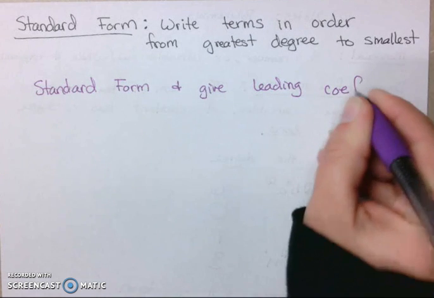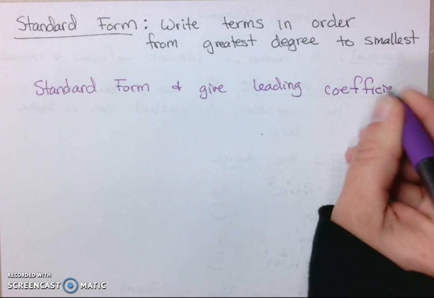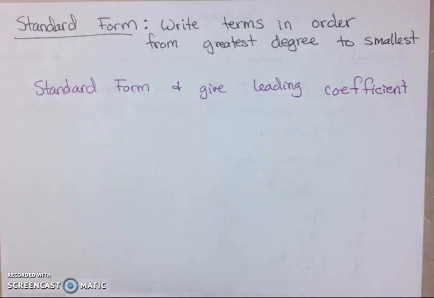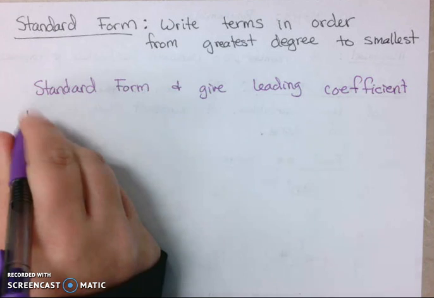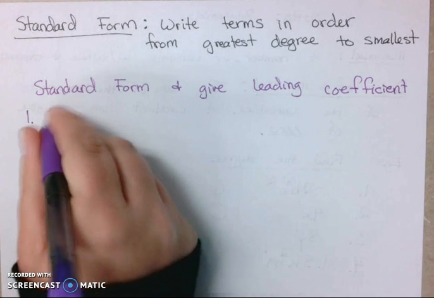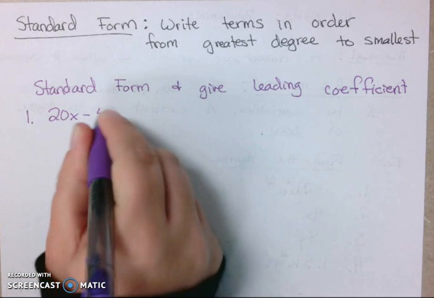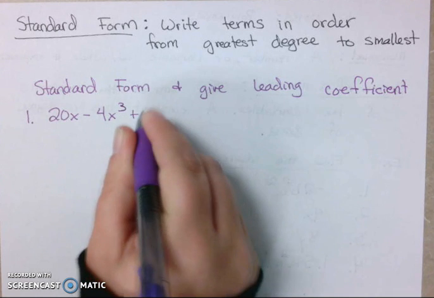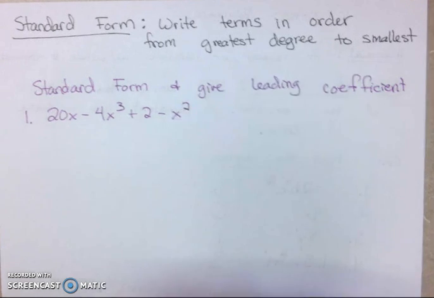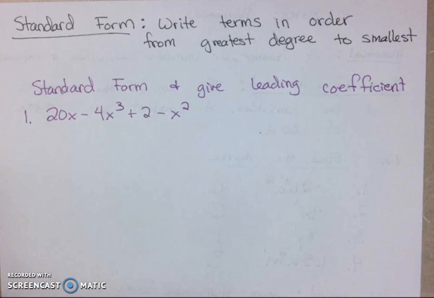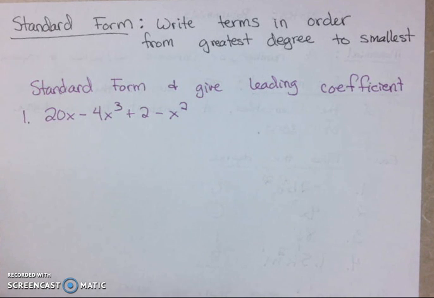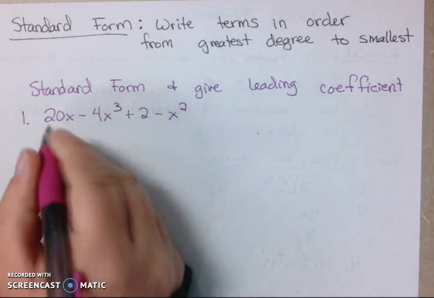Go ahead and pause the video to write the definitions out. We're going to do 3 of these examples. Okay, so I'm going to go ahead and say what each degree is.